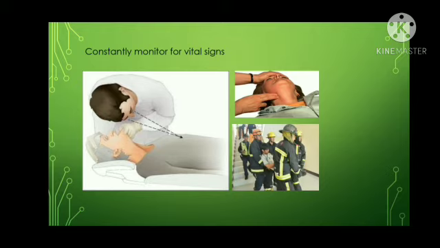When we monitor a patient, we are typically looking to observe and, if possible, record their level of response, constantly checking vital signs like breathing, pulse, and maybe their temperature. This will not only make us aware of any changes in the patient's condition, but will give the paramedics valuable information when they arrive.